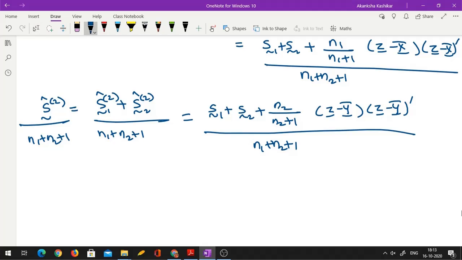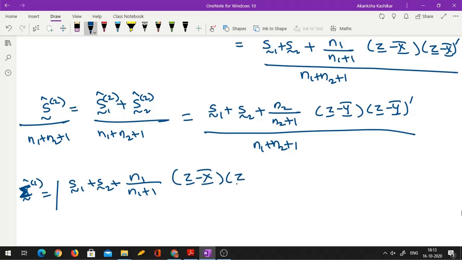Okay, so here it would be the ratio of determinants of these two. So if I want to take the determinant, can I do some simplification? So in the first setup, let me call it now sigma 1 hat. So sigma 1 hat is S1 plus S2 plus N1 upon N1 plus 1 Z minus X bar Z minus X bar prime upon N1 plus N2 plus 1.